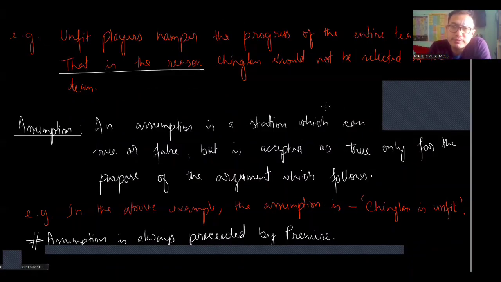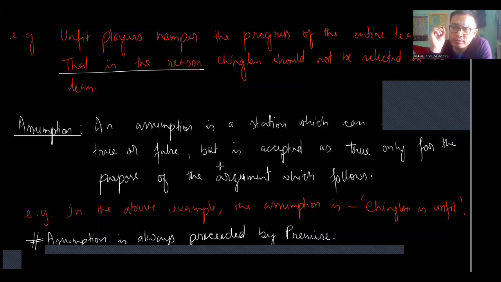Now, unfit players hamper the progress of the entire team. Okay, fine. That is the reason Chinglen should not be selected in the team. So unfit players should not be selected in the team, see, in French or otherwise.